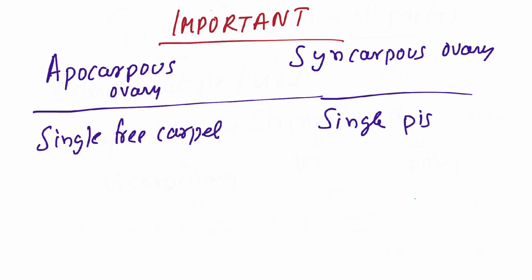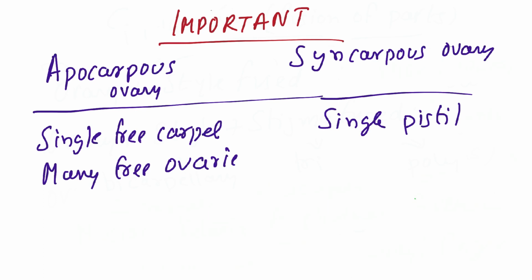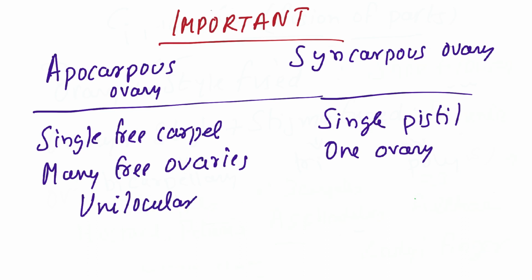The second important point is that in apocarpous we have many free ovaries. In syncarpous, it's a single ovary, one ovary. The third important point is that the ovarian chambers in apocarpous are single, that is unilocular. In syncarpous, the chambers could be one or more than one, so it's either uni or multilocular.